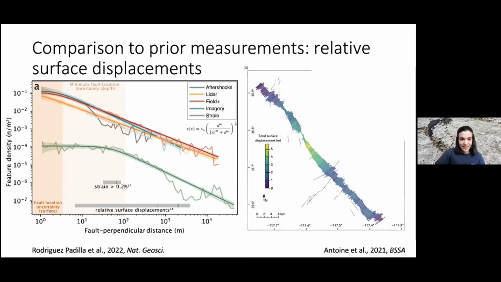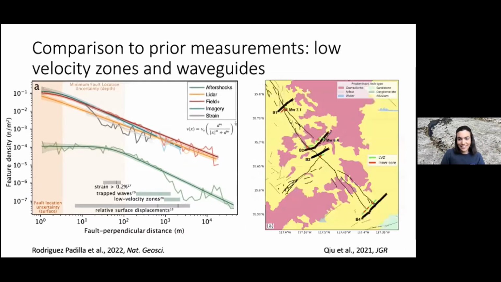Okay, and adding another set of data here, I'm showing you the extent of low velocity zones and trapped wave zones as constrained from nodal arrays that were deployed following the earthquake. You can see the locations of these nodal arrays on the plot on the right here.